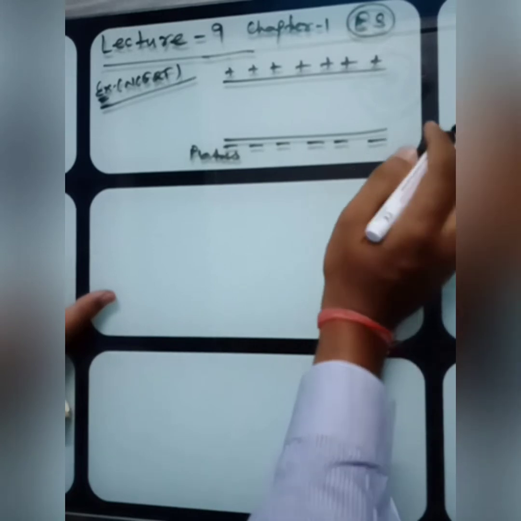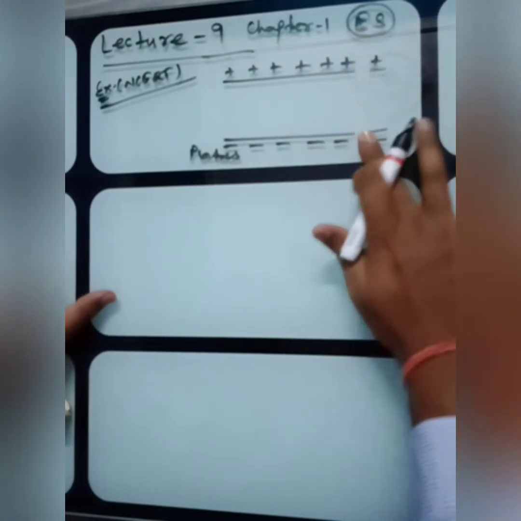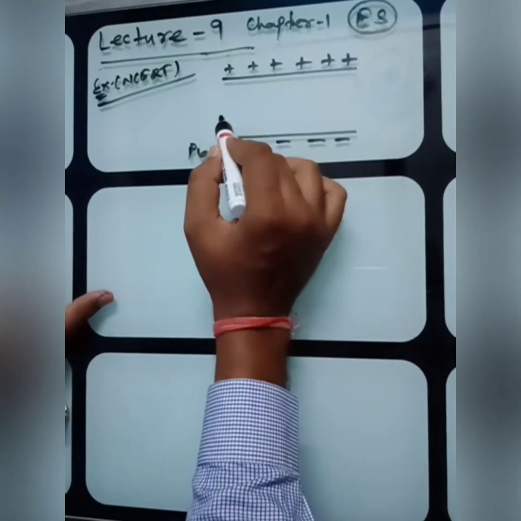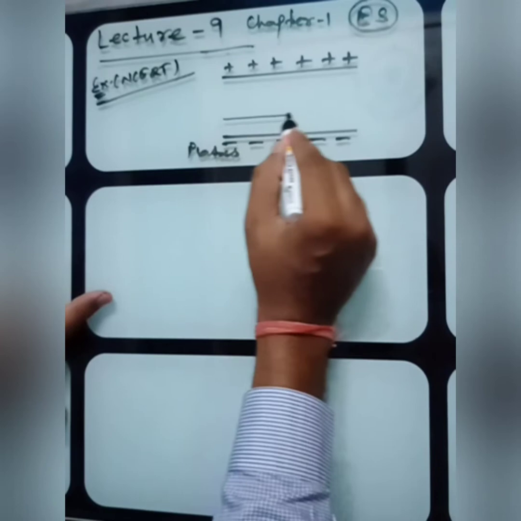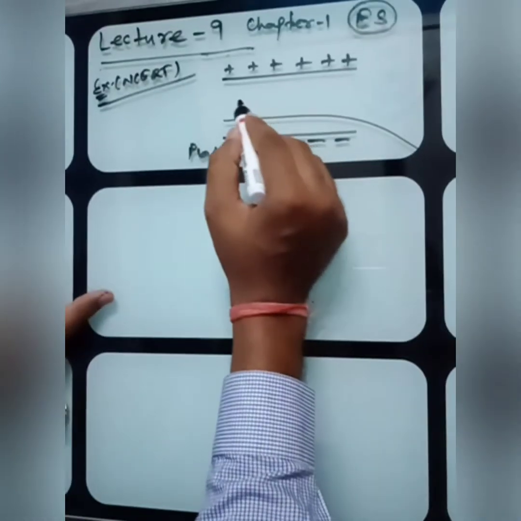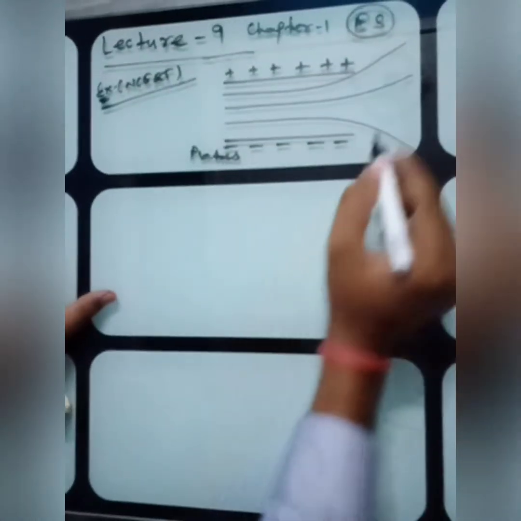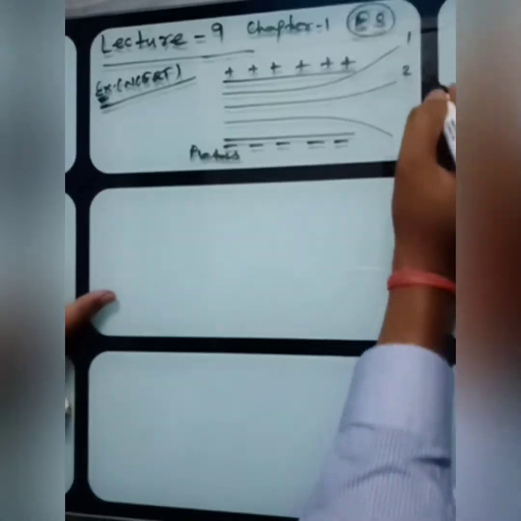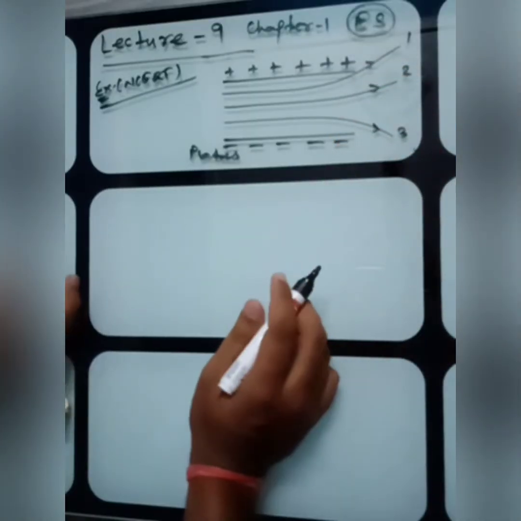Three charges are shown, the paths of three charges are shown in NCERT: one, two, the very slight one, and three. This is the trajectory or path of the three charges 1, 2 and 3.